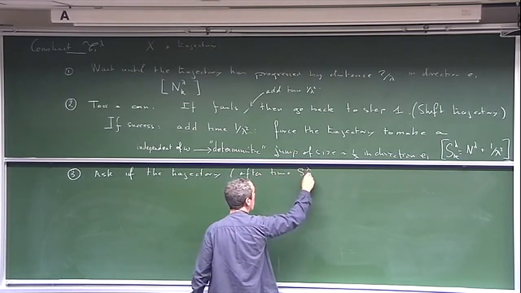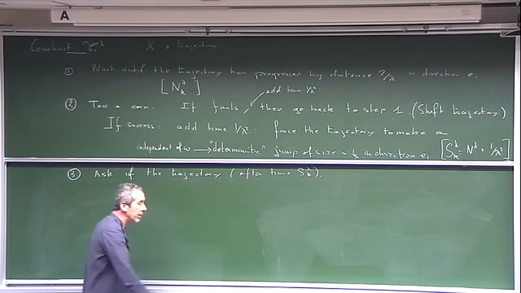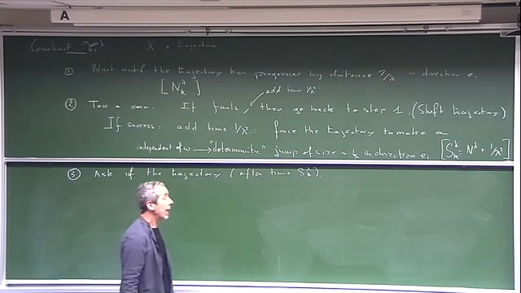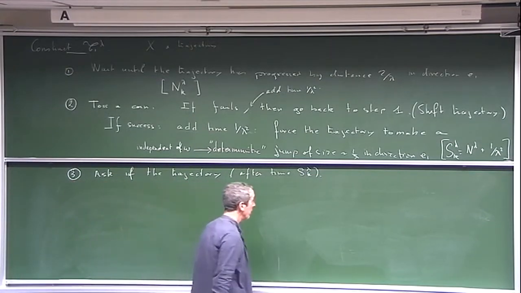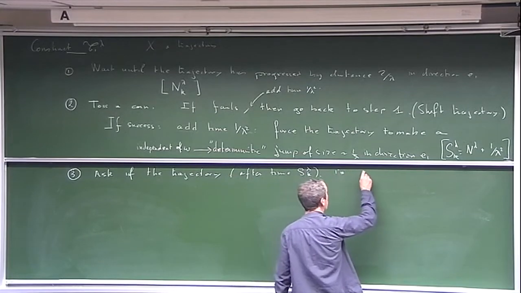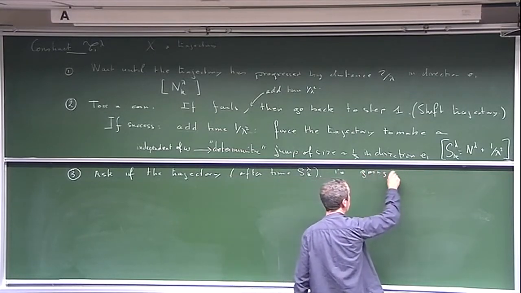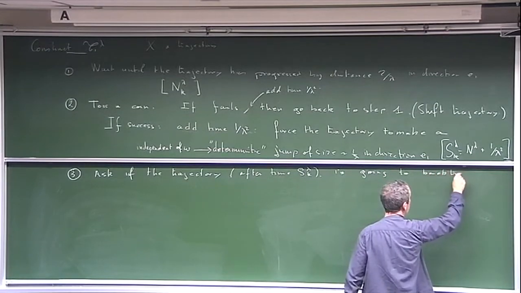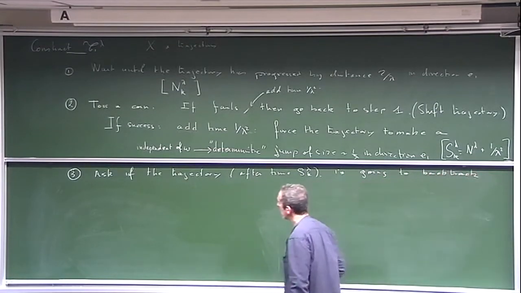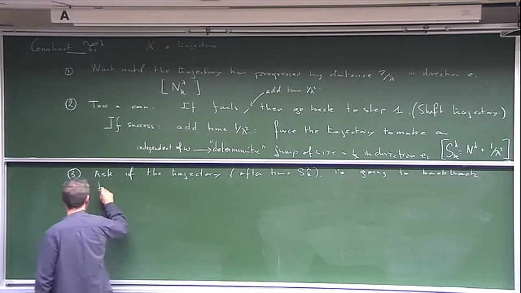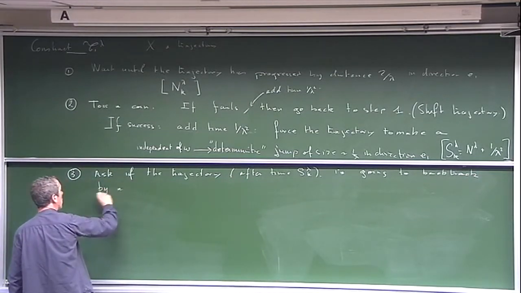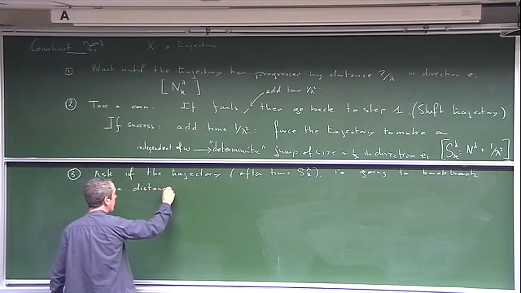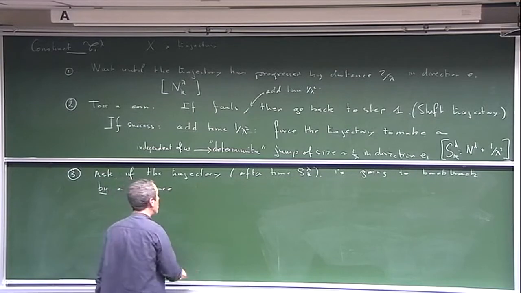Once again, we shift the trajectory. Our starting time now is s lambda k, and then we ask if this trajectory is going to backtrack by a distance at least 1 over lambda.